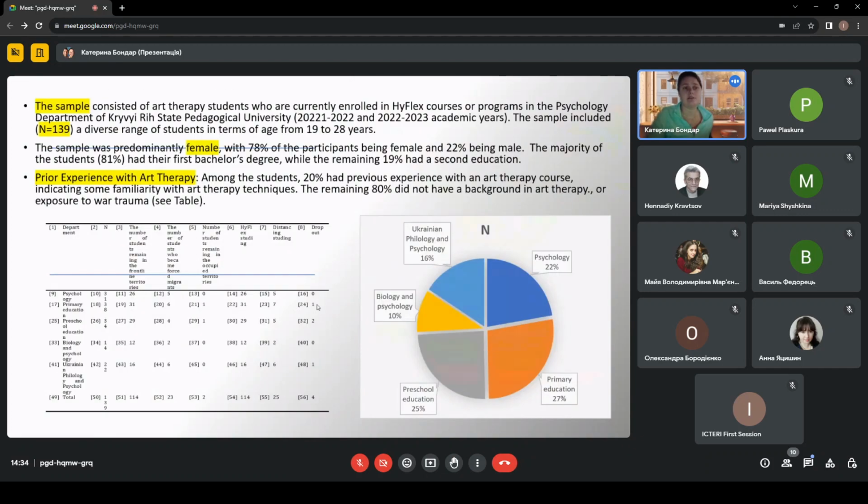If we speak about our results, our numbers, it was not only one department, it was 5 departments, because it's a big course for students who specialize in psychology. Previously, it was girls, but also 22% of guys.